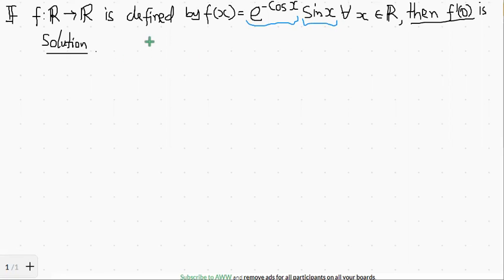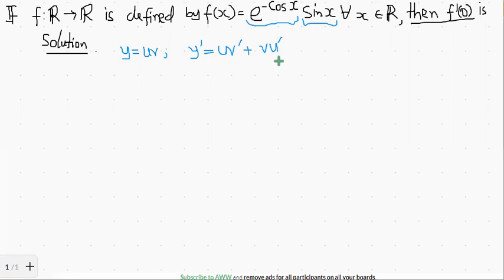So meaning that we are going to be using the product rule, which states that if y is equal to uv, where u and v are both functions of x, then dy/dx, which can be written as y prime, is equal to u v prime plus v u prime.